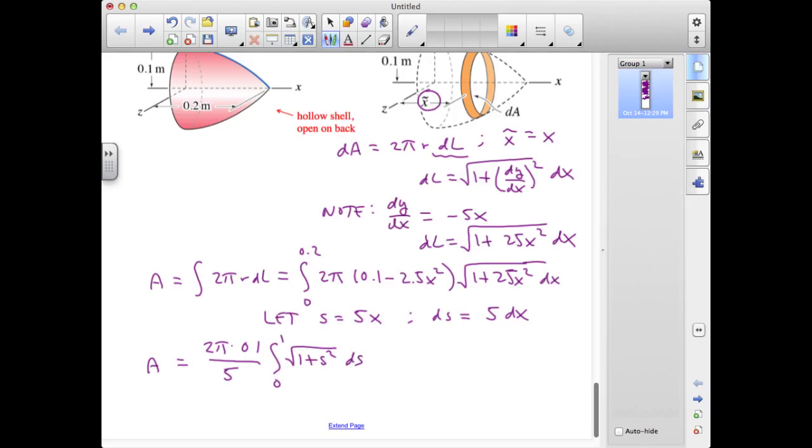And I get a second integral then, which is minus 2 pi times 2.5, and now I end up with a 5 cubed in the denominator because I've got a change in variables involving the x squared here and also the dx here. And so then I end up with an integral from 0 to 1 of s squared root 1 plus s squared ds.